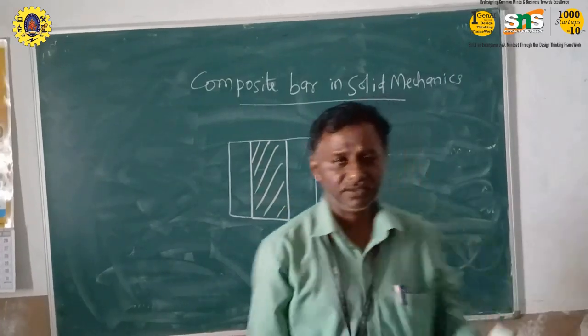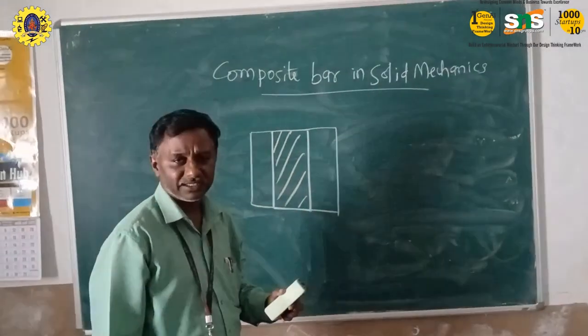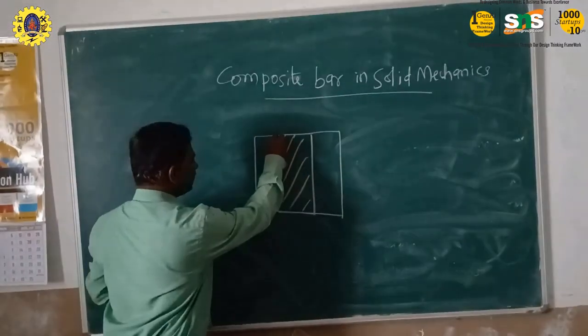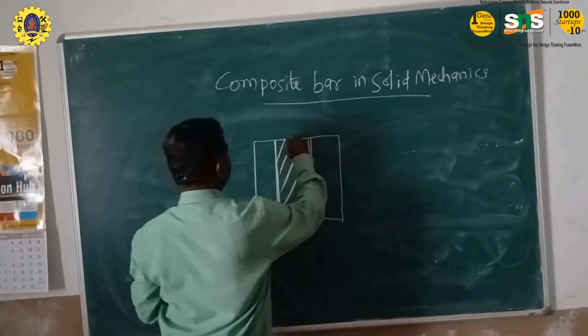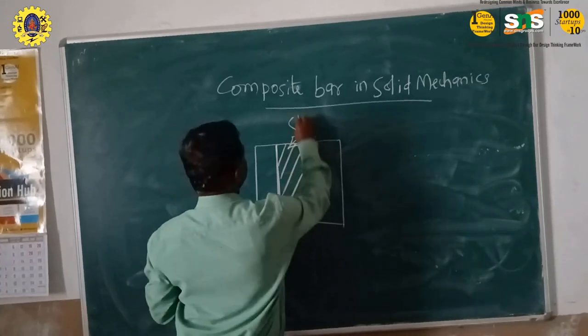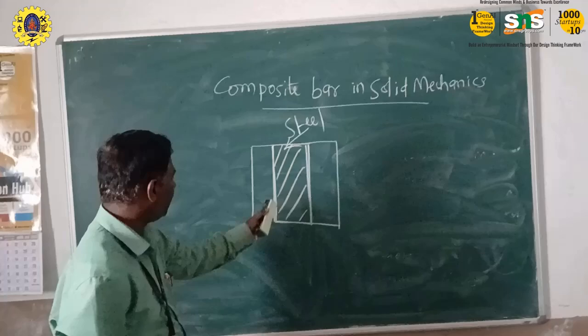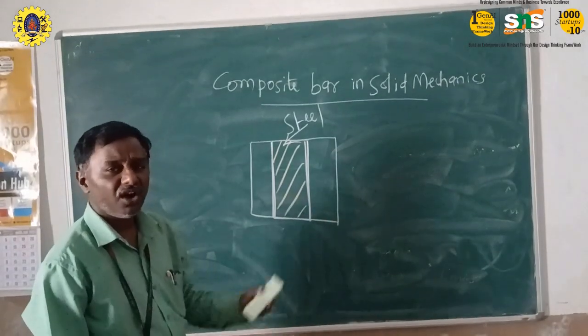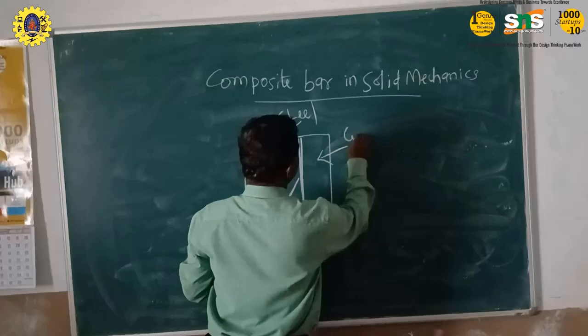Let's come to this. Here we have a composite section. This center rod is made of steel, and the outer material is a hollow tube made of another material called copper.